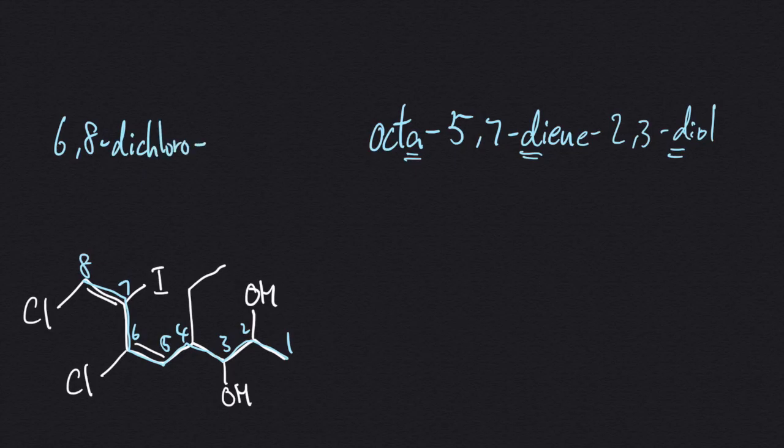The ethyl group will be in the 4 position, so 4-ethyl. And at the end, we have an iodo substituent in the 7th position, so 7-iodo. So the name of this compound will be 6,8-dichloro-4-ethyl-7-iodoocta-5,7-diene-2,3-diol.